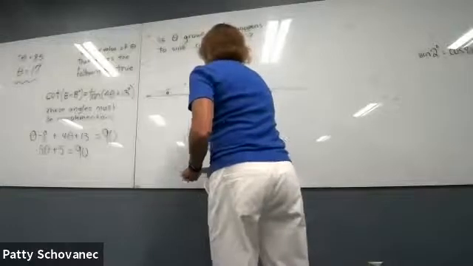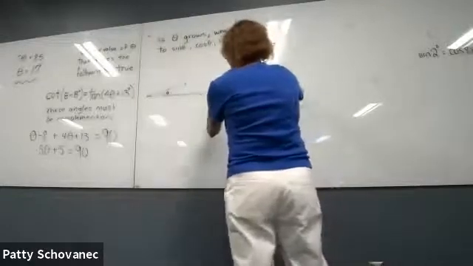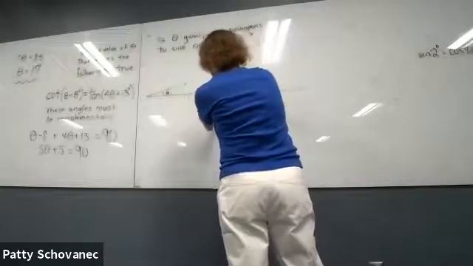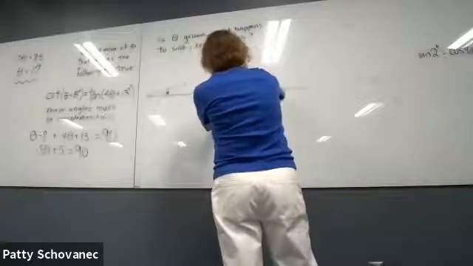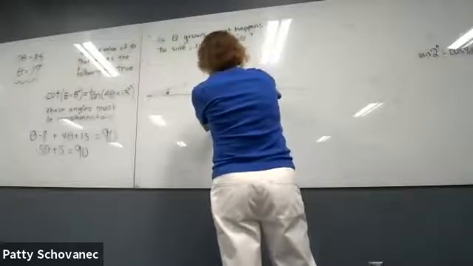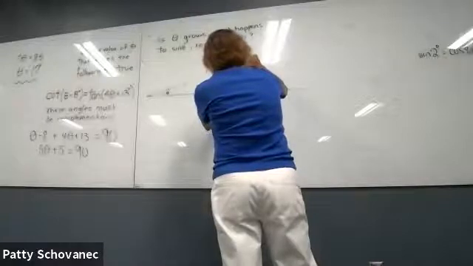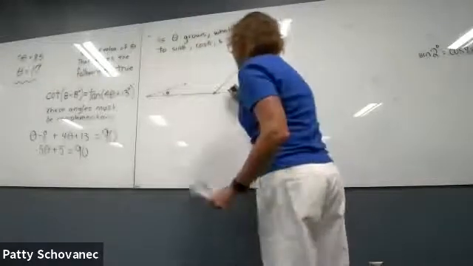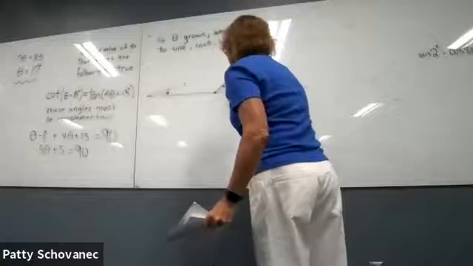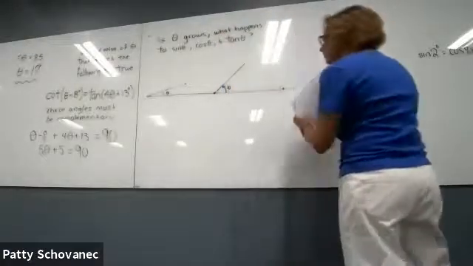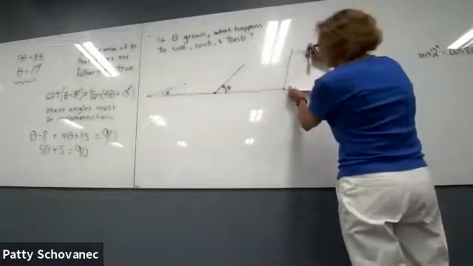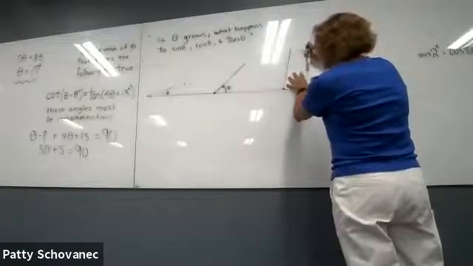Let me go over to here, make a bigger angle. There's angle theta that's a little bit larger. Now we'll go over to here and make angle theta almost a 90-degree angle.